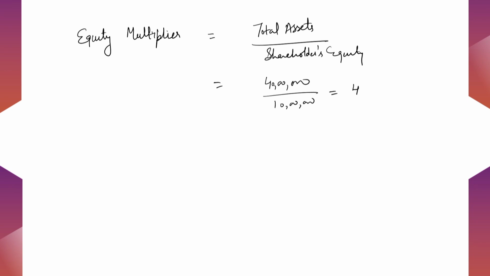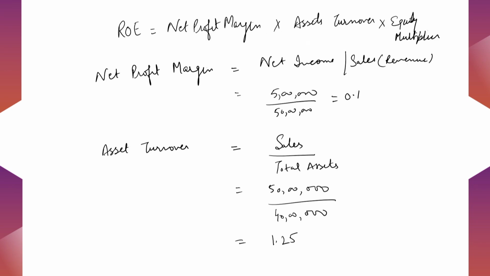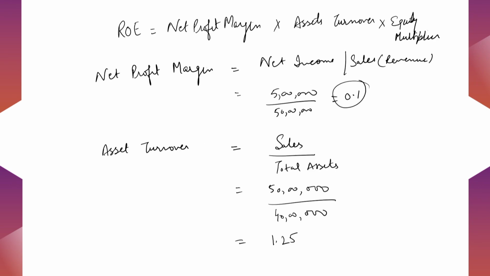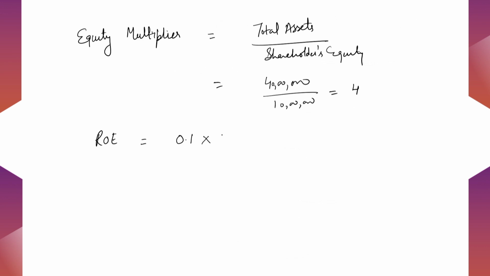As we have already computed all the 3 components, one is 0.1, another is 1.25 and the third is equal to 4, we are in a position to calculate ROE. ROE would be the multiplication of all the 3 elements, that is 0.1 multiplied by 1.25 and the third component's value is 4.